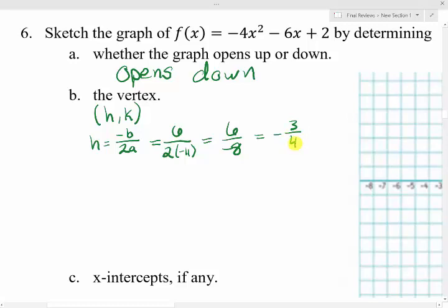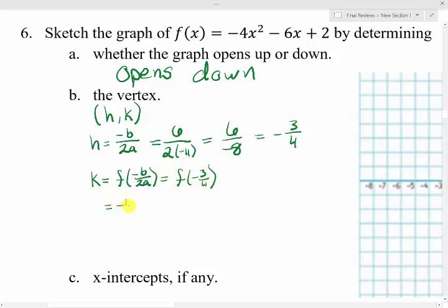Then we want to find the y value of our vertex. Well, it's going to be our k. And we can find k by plugging in whatever we get for minus b over 2a back into our function, which is really nice. So I'm going to find out what f of negative 3/4 is.